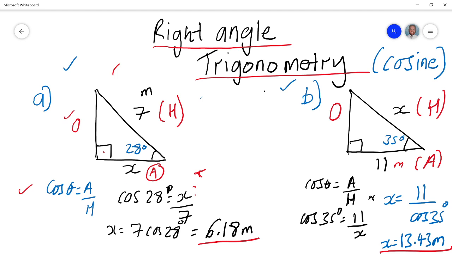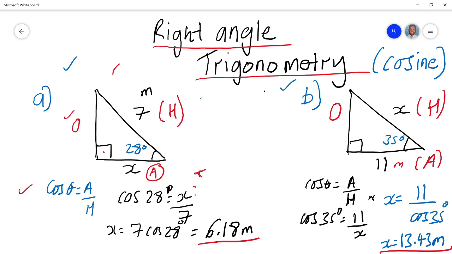All right, to summarize this video, you need to identify what length's been given. If you look at A, we've got 7, which is h, we've got x, which is A, and therefore we apply the cosine rule. Always follow the process, always write the formula and show your working, because like I said before and in the previous videos, mathematics is not about finding the answer alone, but also showing your full and appropriate working and then eventually getting your final answer.